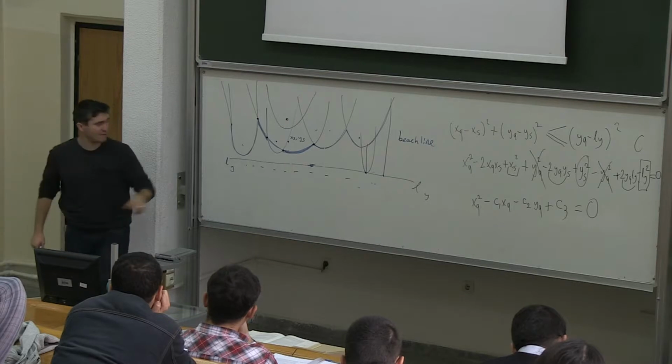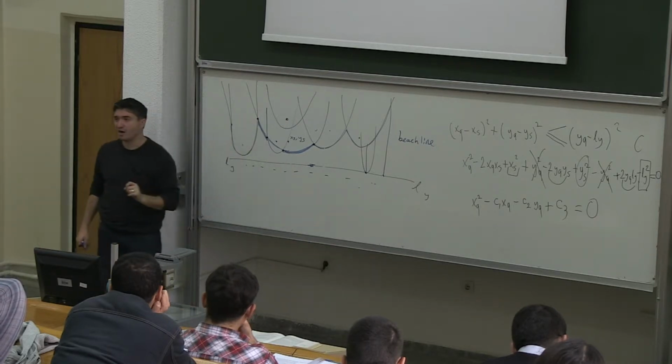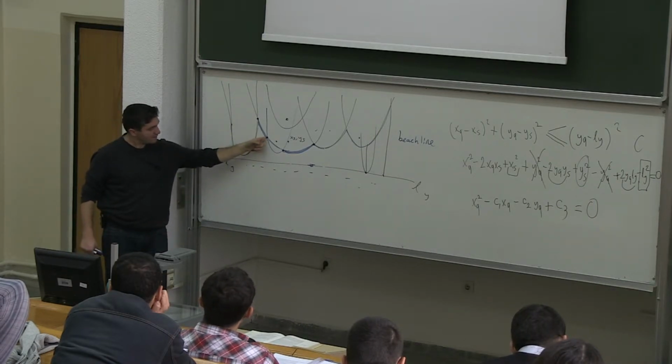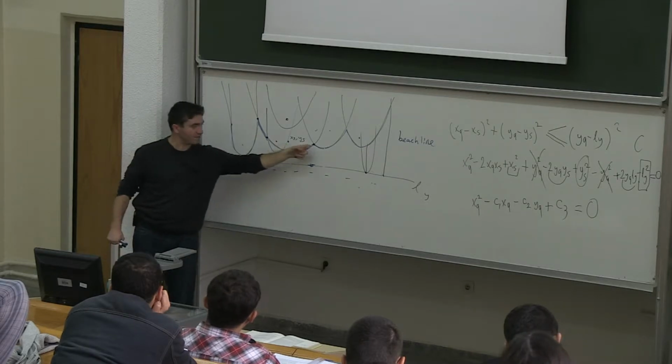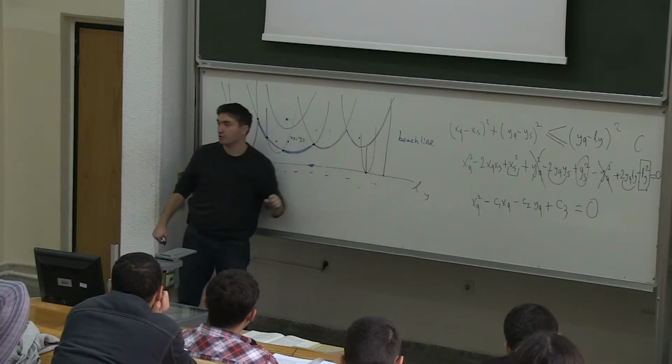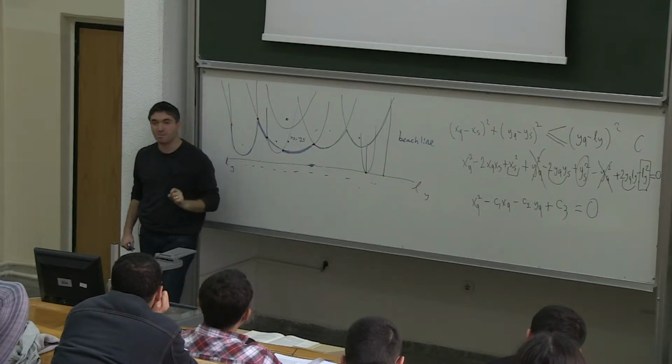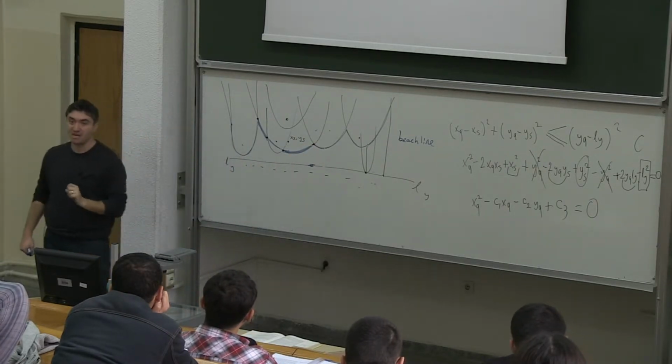And the intersections of these parabolas are called breakpoints. So these are like waves, and these are the intersections of the sequence of arcs. Here, this intersection point is called the breakpoint of the beach line.